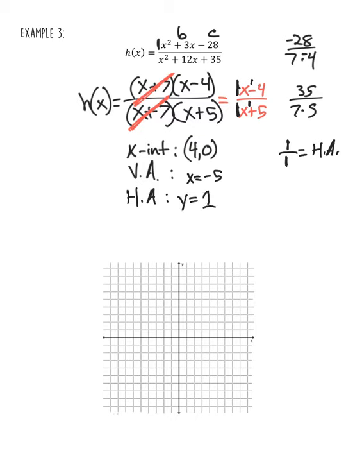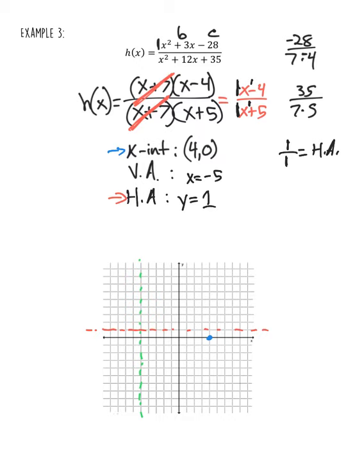So let's fill in some stuff. My x-intercept is 4. My vertical asymptote is x equals -5. My horizontal asymptote is y equals 1.